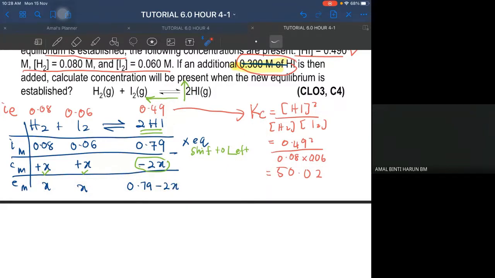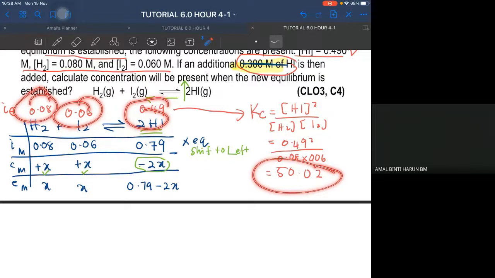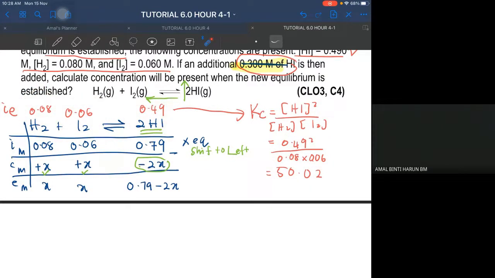Okay, at this moment it is at equilibrium. This is the value of Kc. If we change the concentration, it will shift to reach equilibrium, and this is the concentration at equilibrium. Can we substitute this concentration at equilibrium into this Kc expression?